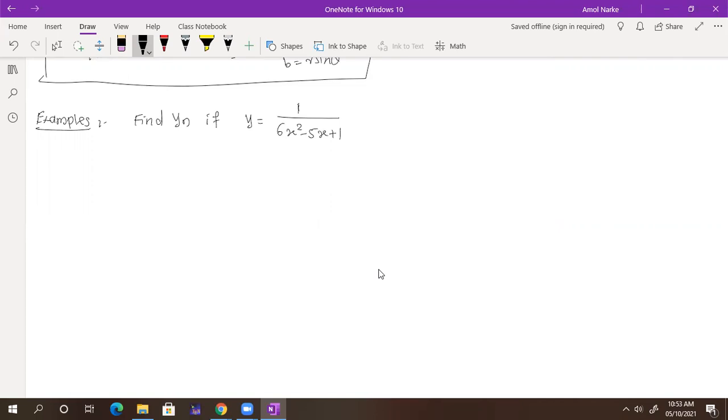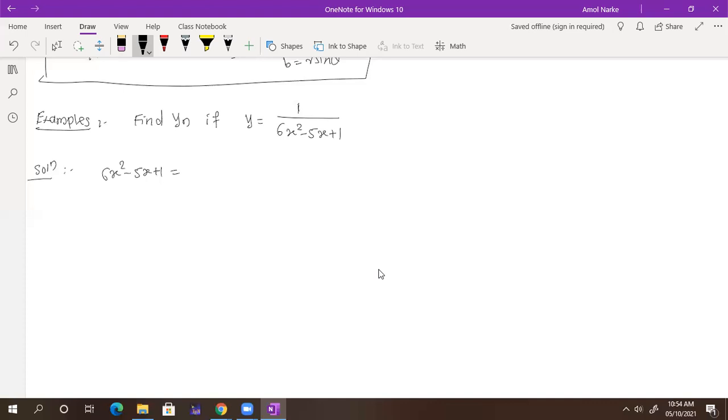First we factorize the denominator. So solution: we have 6x square minus 5x plus 1. Can someone tell me what are the factors of that particular quadratic equation?